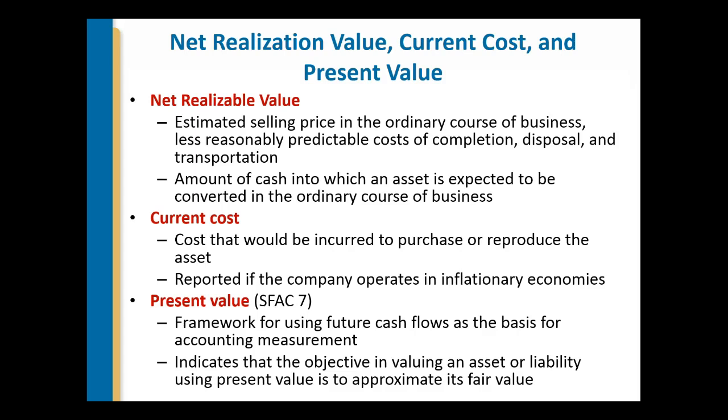Present value is the focus of FASB Concept 7, which provides a framework for using future cash flows as a basis for accounting measurement, and also asserts that the objective in valuing an asset or liability using present value is to approximate its fair value.